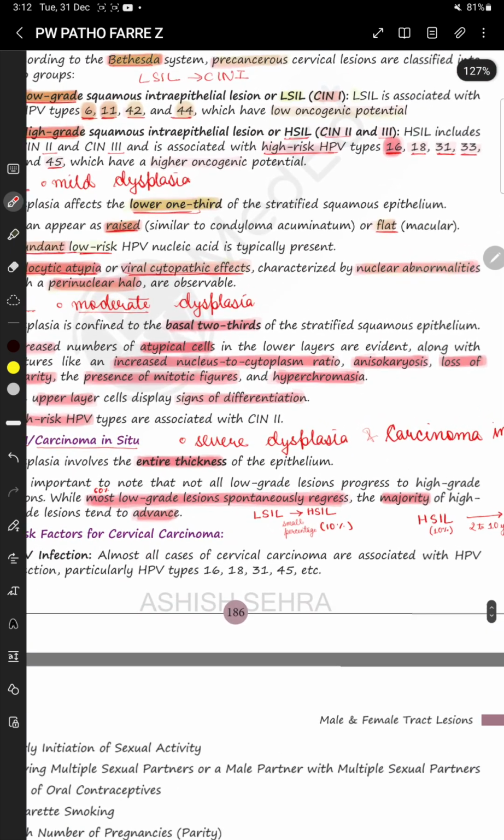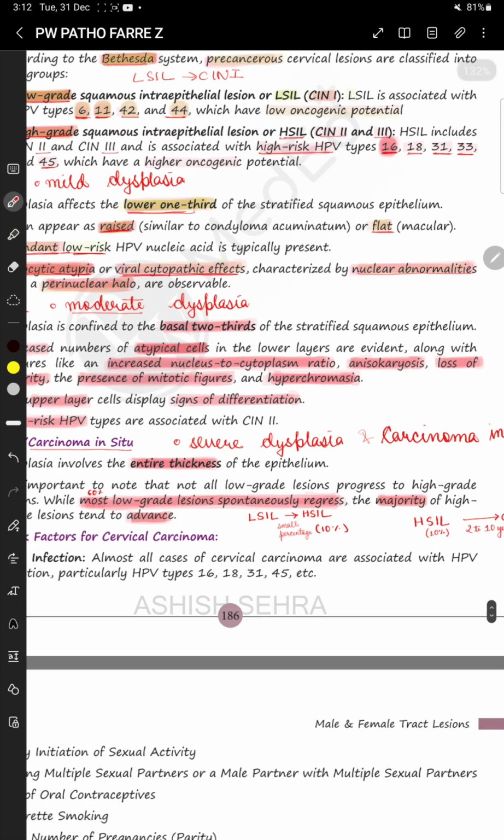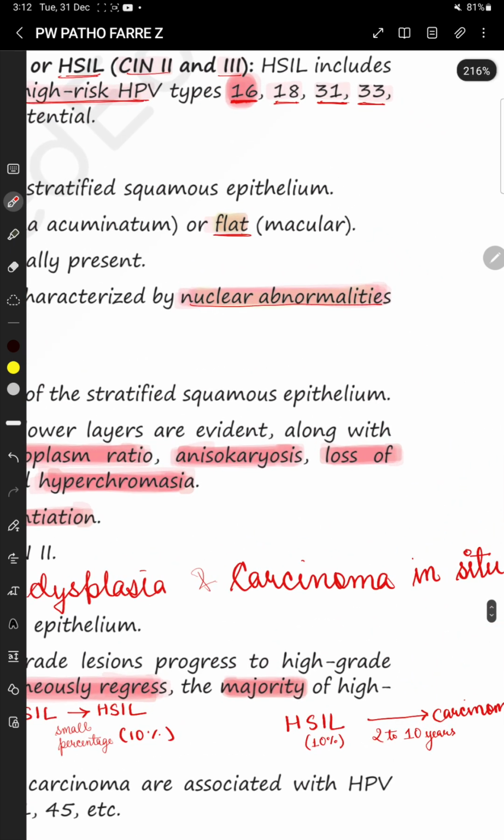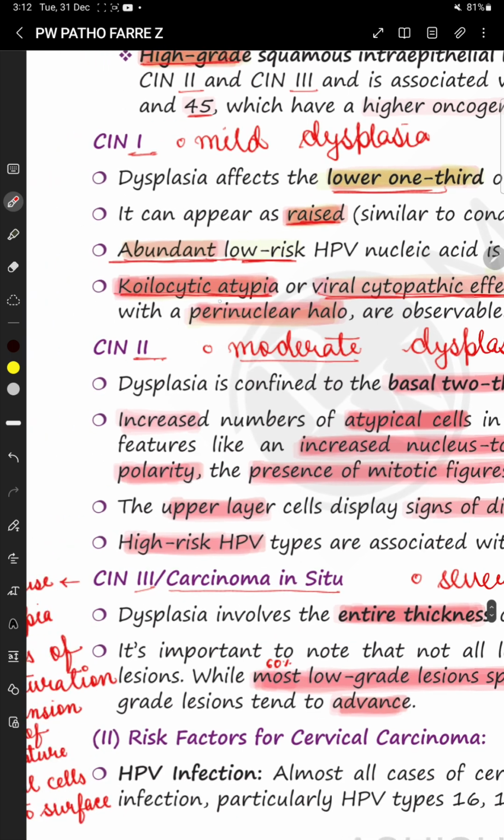It is characterized by nuclear abnormalities which include nuclear enlargement, hyperchromasia, along with perinuclear halo. तो CIN1 में कोइलोसाइटिक एटीपिया मिलता है, फिर न्यूक्लियर एबनॉर्मैलिटीज़ होता है विथ अ पेरीन्यूक्लियर हैलो.